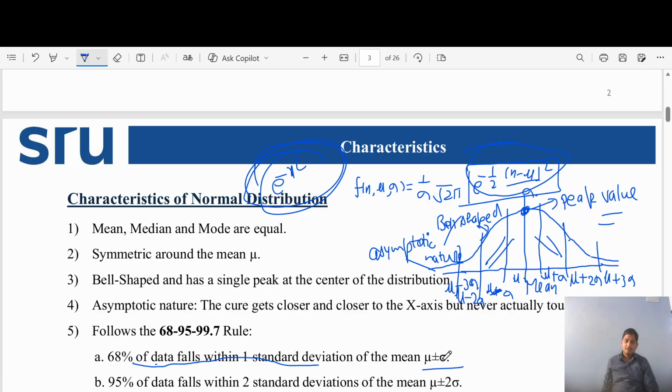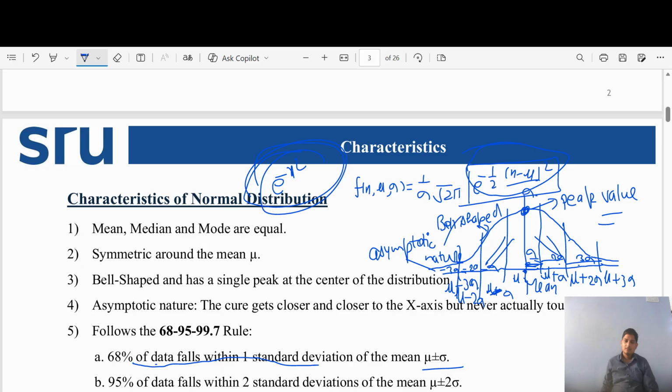So this is the variation. Since the mean lies in the center, there is a variation of sigma in each step: sigma, 2 sigma, 3 sigma difference, and on the negative x-axis minus sigma, minus 2 sigma, minus 3 sigma.